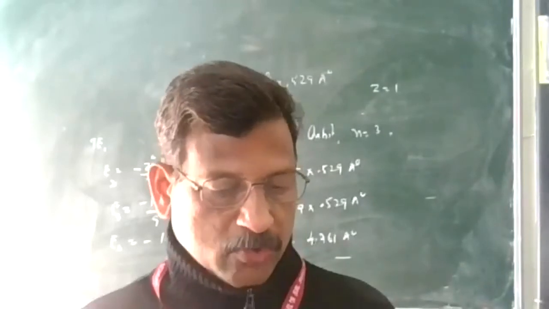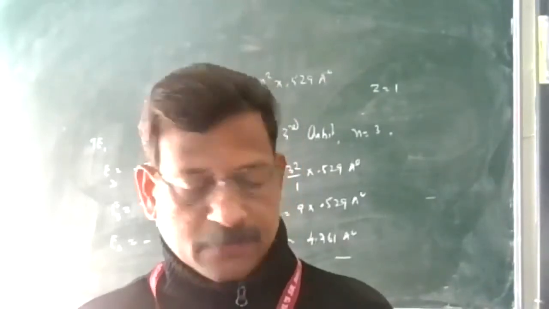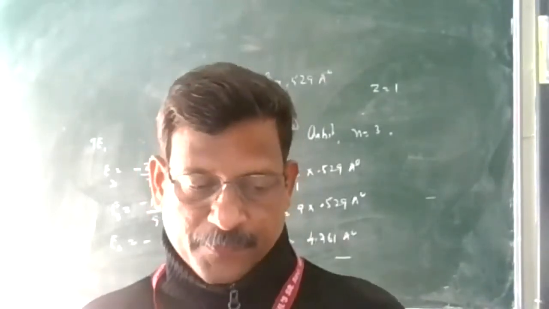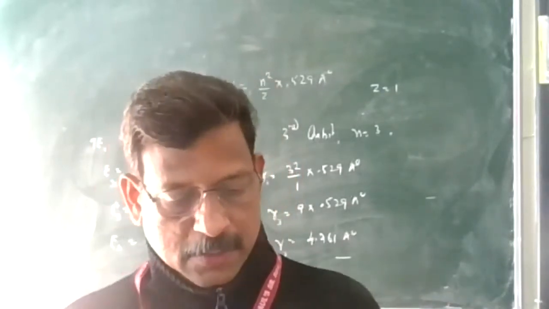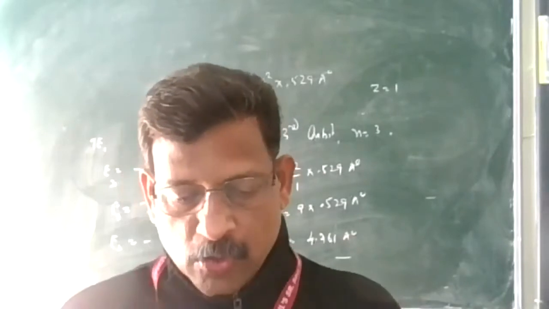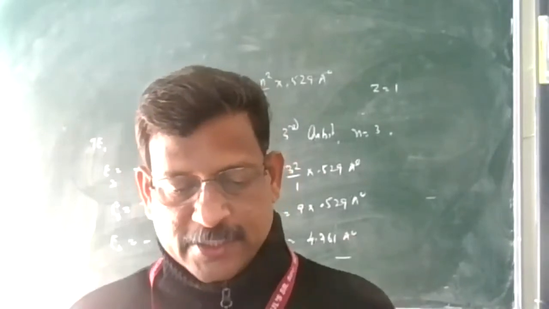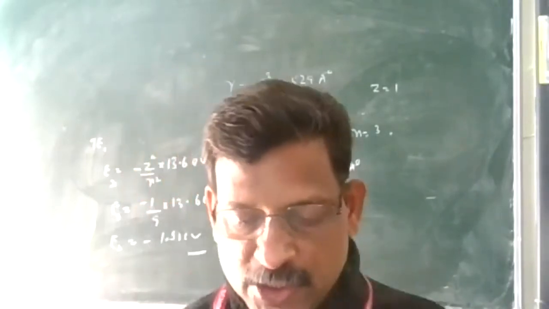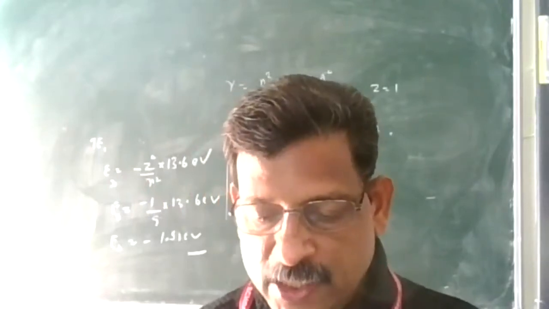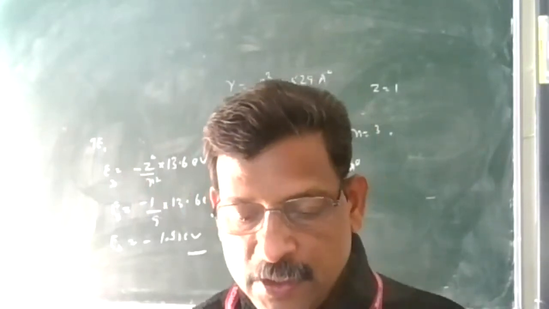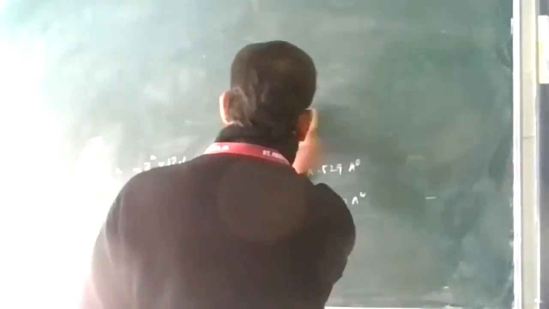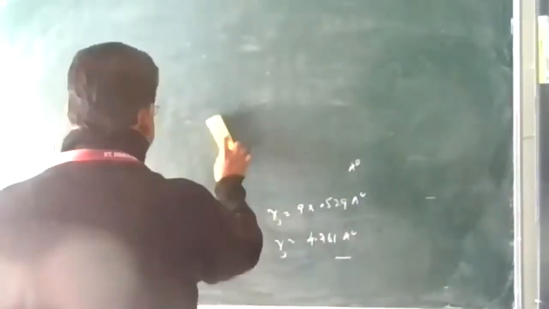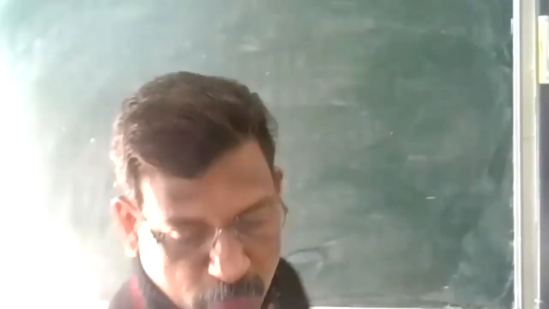I'm just reading another question that is also a good question. You can do this. Using Bohr's formula for energy quantization, determine, case 1, the excitation energy of n equal to 3 level of He plus atom. So the equation also can be used for hydrogen-like ions such as He plus and Li2 plus.